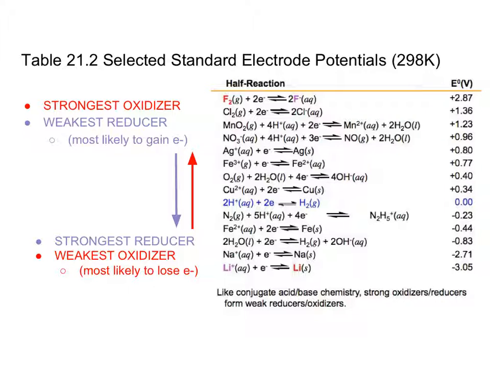Looking at the fluorine half reaction up on top, it's a really strong oxidizer, and as a result, the fluoride ion is a weak reducer. On the bottom, the strongest reducer is lithium, and by contrast, the lithium ion is a very weak oxidizer. Note the values: a positive value means it's thermodynamically favored. A negative value means it is not.